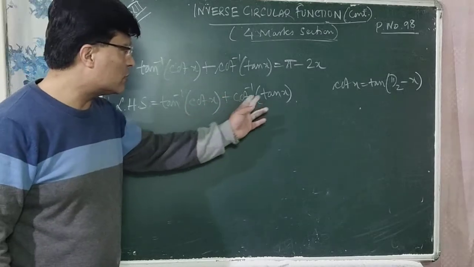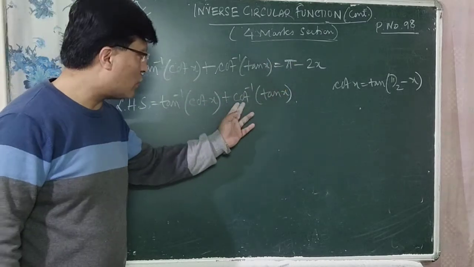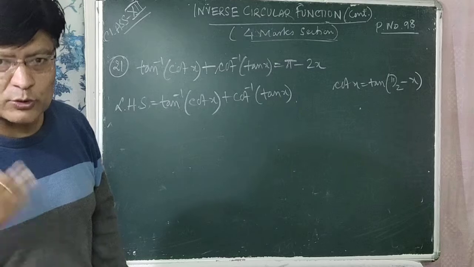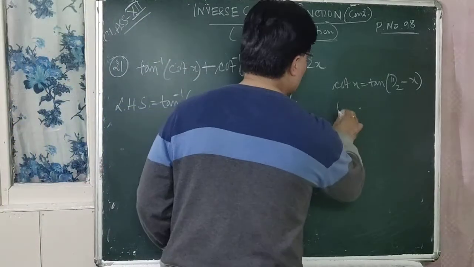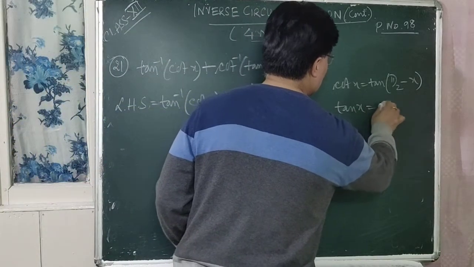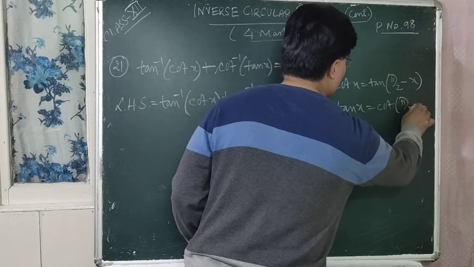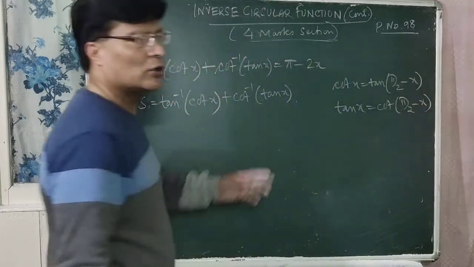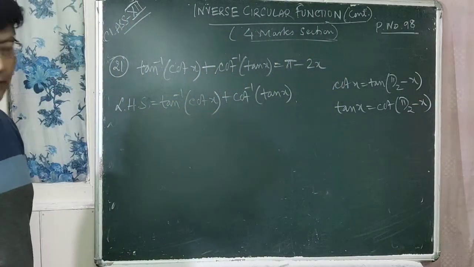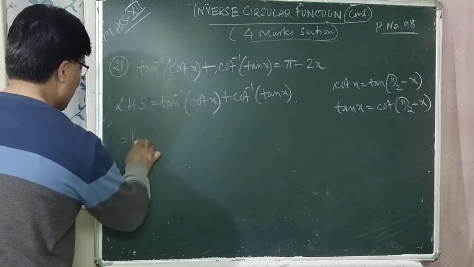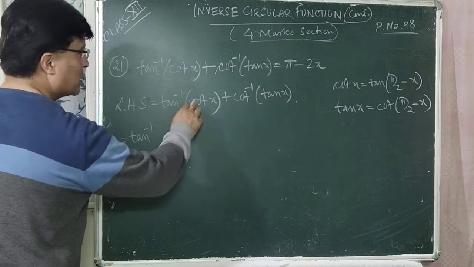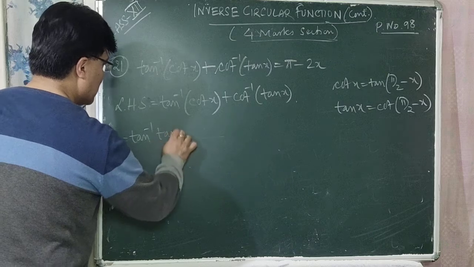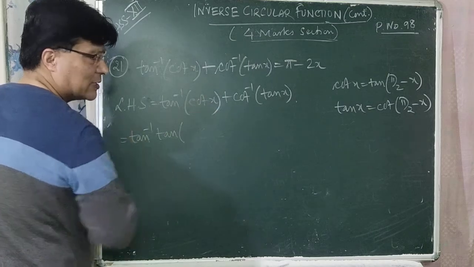There is also cot inverse tan x is there. If it is cot inverse, you should convert this tan x into cot x. How can you convert it? Similarly, what is tan x is equal to? This is cot pi by 2 minus x. So we can use this formula here, right? So is equal to tan inverse. Now what is cot x in terms of tan? You cannot write 1 by tan x here, isn't it?